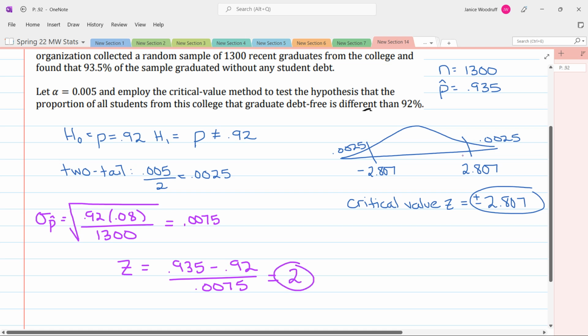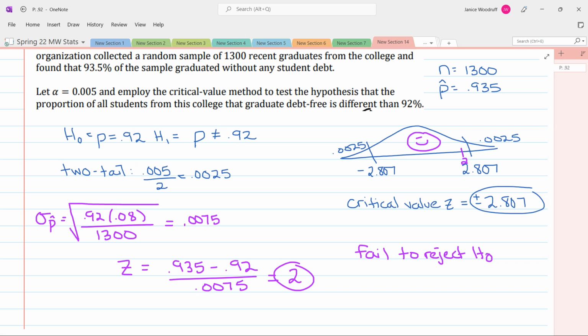Nice round number. And that's about right here, in our non-rejection region. So we will say fail to reject the null, which means that it is likely that 92% of graduates graduated debt-free.